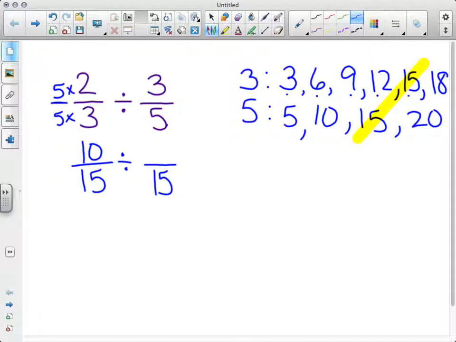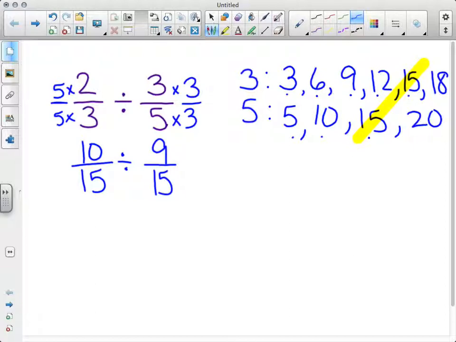And on the flip side here, we have fifths, and 5 times 3 is 15, and because I want to make an equivalent fraction without changing it, I multiply by 3 over 3, and 3 times 3 is 9. So now I've got 10 fifteenths divided by 9 fifteenths.